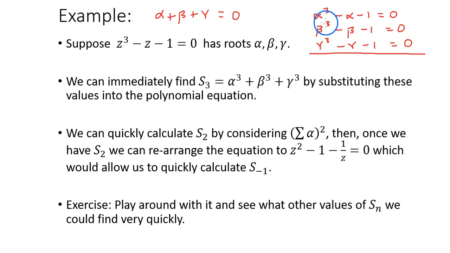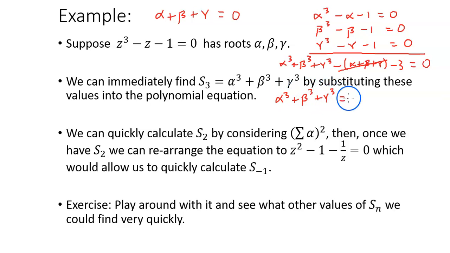And therefore, simply adding these up, we get alpha cubed plus beta cubed plus gamma cubed minus (alpha plus beta plus gamma), and then minus 3 equals 0. And since alpha plus beta plus gamma equals 0 anyway, we get alpha cubed plus beta cubed plus gamma cubed, which is S3, is equal to 3.